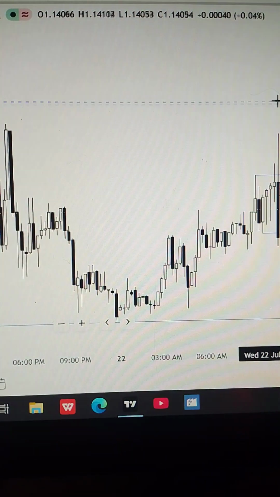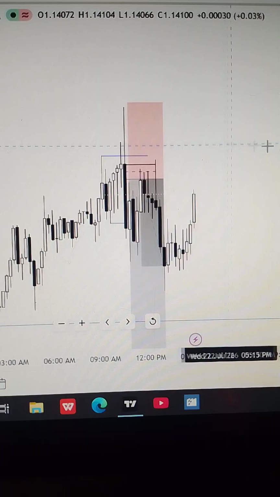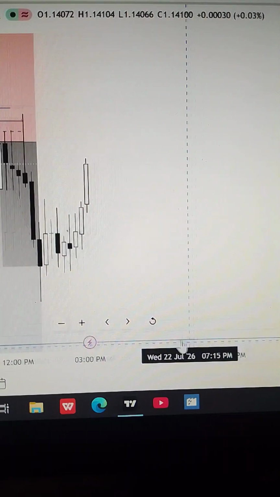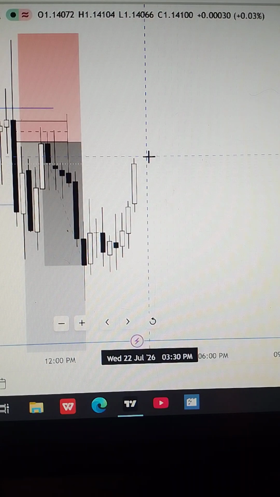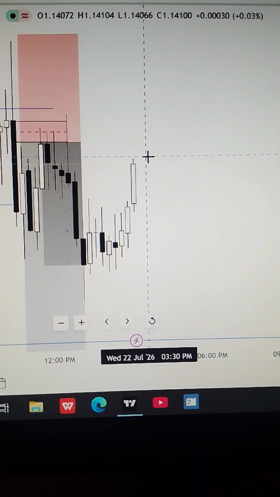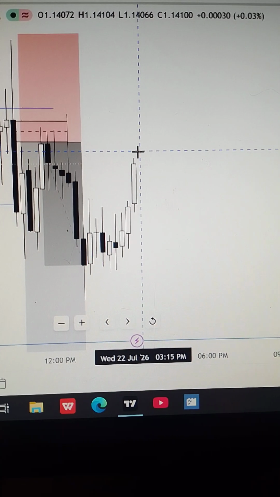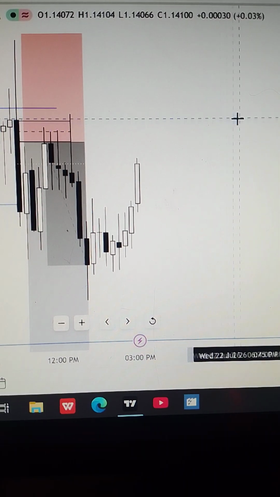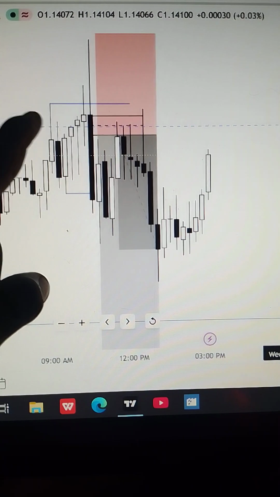Let me show you. The daily time frame bias was bearish, so we had a 4 hours fair value gap. We had this liquidity sweep on the 5-minute time frame and a fair value gap.